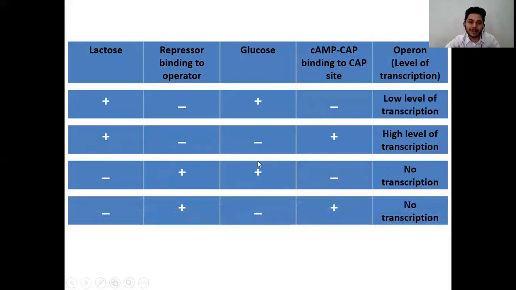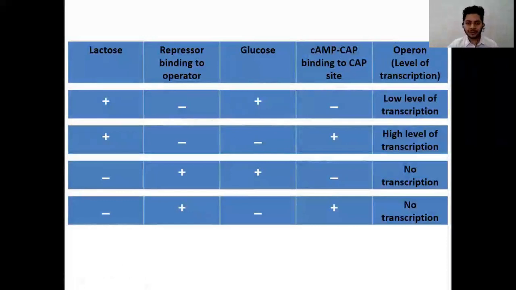In the last, fourth case, lactose is absent in the growth medium and glucose is also absent. Definitely transcription is not going to take place. So that is the summary of the lac operon. I hope you have all understood the summary of the lac operon and how it is regulated.